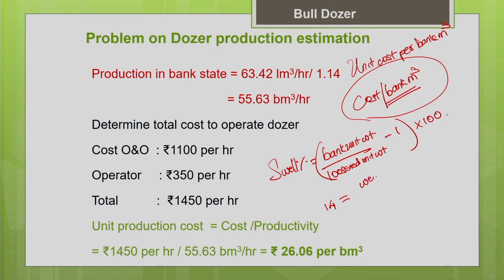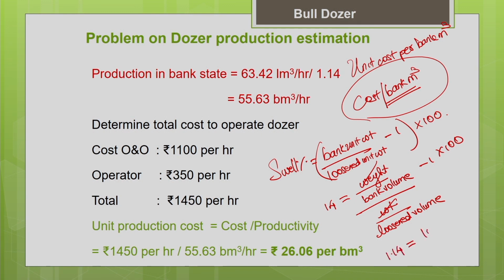So it's nothing but weight by bank volume by weight by loosened volume. Weight is going to be the same for both the cases, only the volumetric measure is different, so you can cancel it, minus 1 into 100. If you move this to the left hand side, 14 divided by 100 plus 1, that is nothing but 1.14 equal to loose volume divided by bank volume.